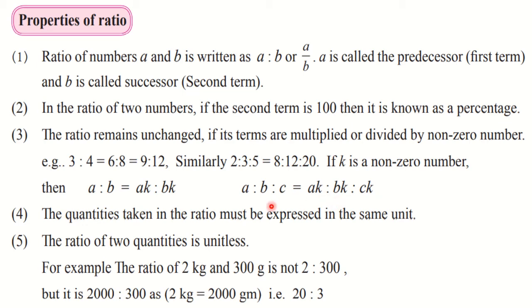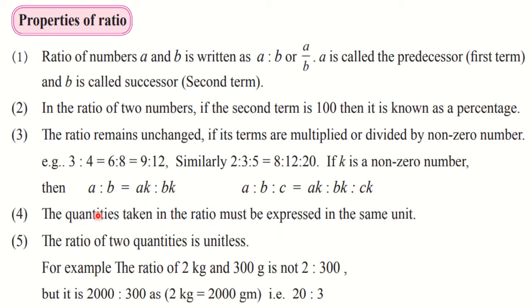Okay. Now when we want to compare two quantities, or we want to take them as a ratio, then they must be in the same unit. Like if you want to compare the distance, it should be either in meters or in kilometers. If one quantity is in meters and the other is in kilometers, you cannot compare.